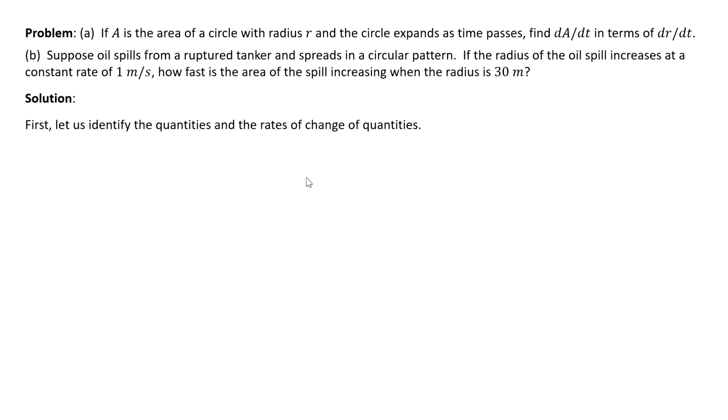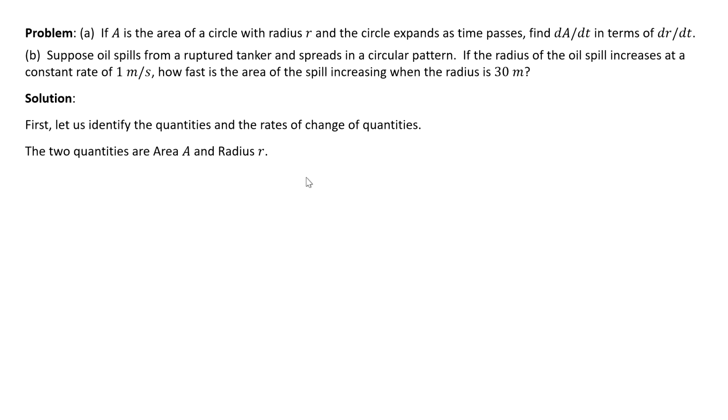Always identify both the quantities and also the rates of change of those quantities. What are the quantities involved here? A is a quantity, area, and the radius of the circle, r, is another quantity, and the rates of change are dA/dt and dr/dt, right?